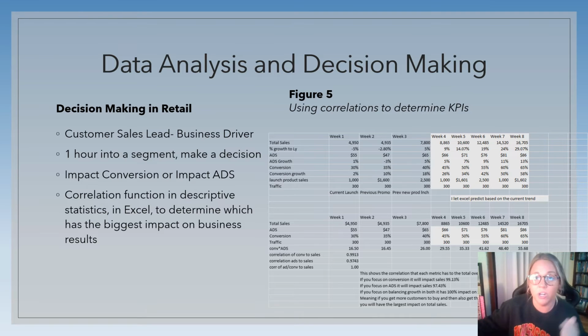There's explicit knowledge that there are two ways to impact the business results, and that's either one through conversion or two through average dollar sale. So they can either focus on getting as many customers in the store to make a purchase, or they can focus on getting some of the customers to spend as much money as possible. Now, why not do both? Well, there's a trade-off there.